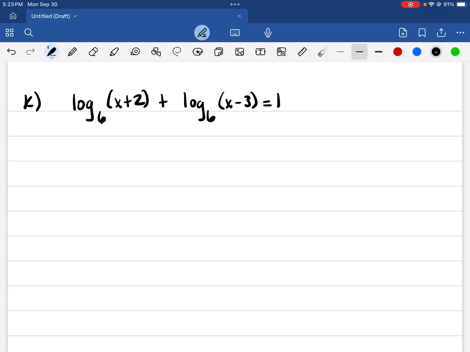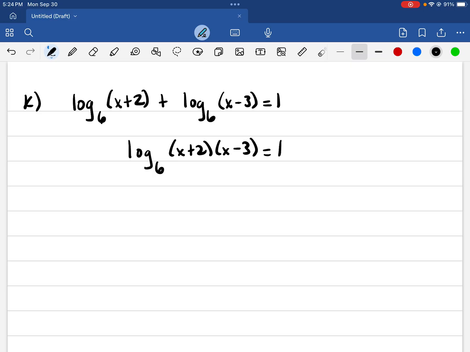Right, so we can use that product property though, and we can rewrite that left-hand side as a single log if we use multiplication. Right, so using that product property to rewrite that left-hand side as a single log using multiplication because of that addition sign you see in between there.